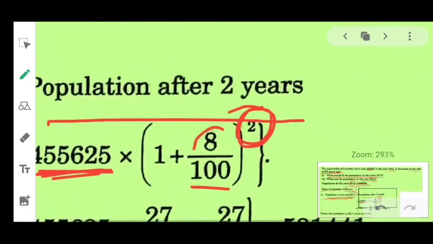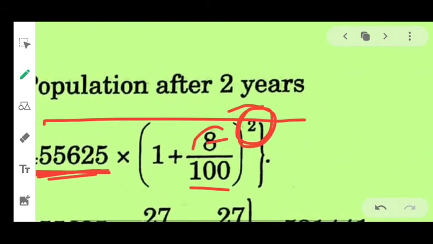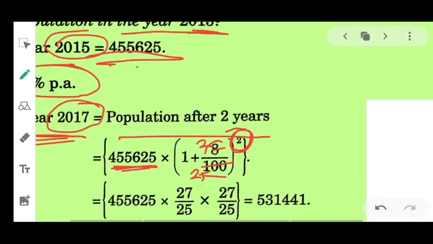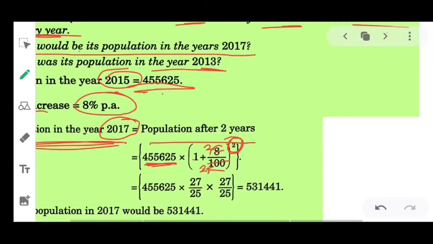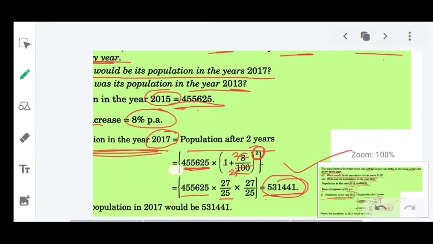Clear? So this will be 4 twos are 8 and 4 into 25 is 100. So 25 into 1 plus 2, 27 by 25 whole square. So 4,55,625 into 27 by 25 into 27 by 25, that will be 5,31,441. That is the population after 2 years.